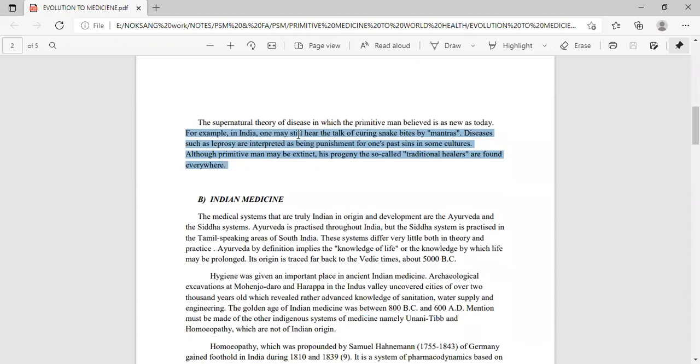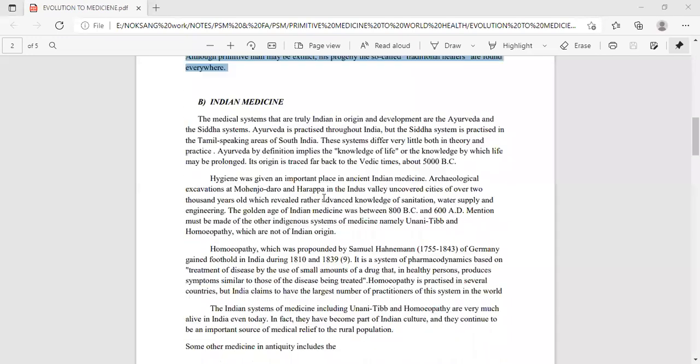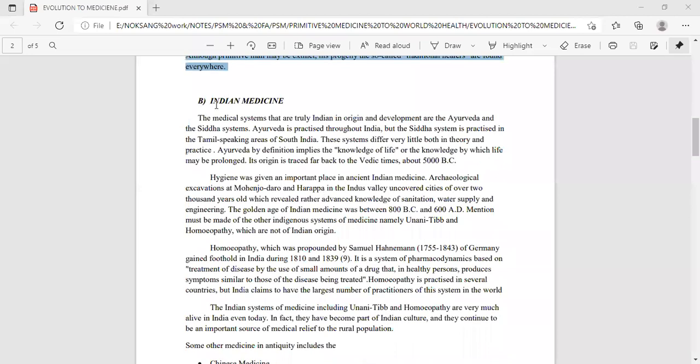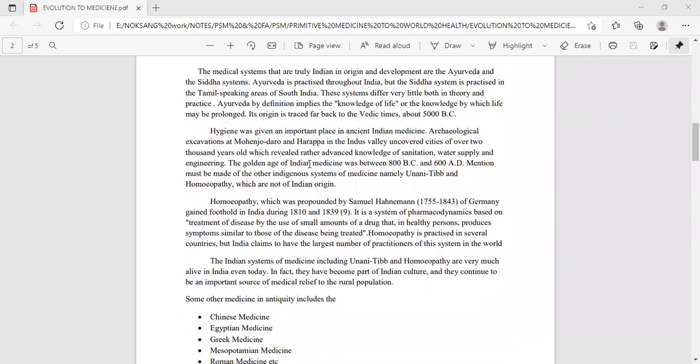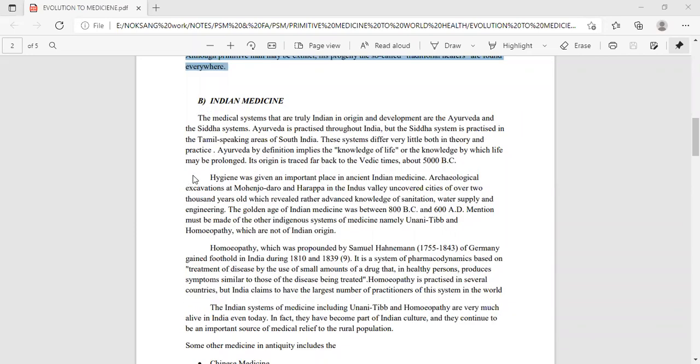Next, finished? Yes, ma'am. Okay, then you write Indian medicine. Don't write B, just write down Indian medicine. After writing Indian medicine, you can write this. Write on the second paragraph.